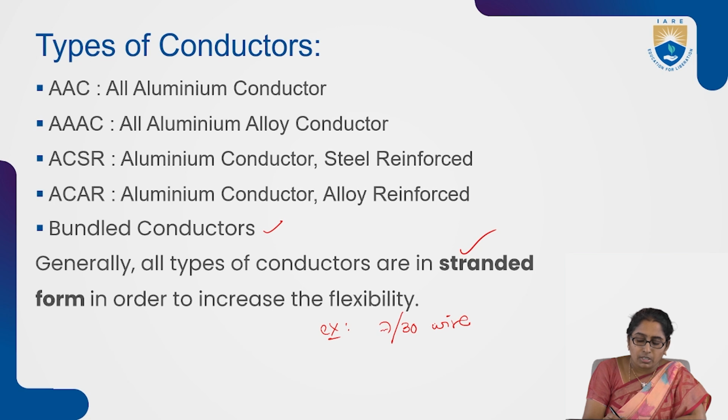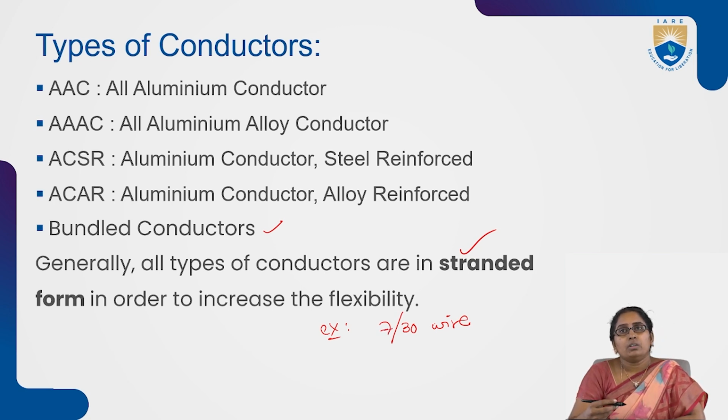If it is mentioned like this, it means a copper wire with seven inner strands, each having a gauge of 30. Each wire has seven wires in it, and each wire has the gauge 30. That is the meaning of 7 by 30 wire.